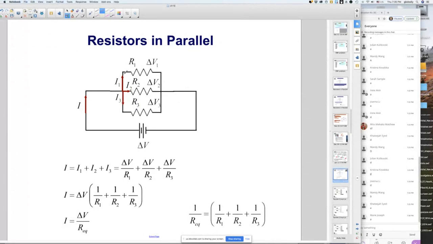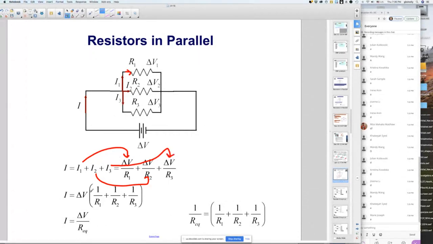So the current through this one is going to be delta V divided by R1. The current through this one, I2, right? So I1 is delta V over R1, I2 is delta V over R2, and I3 is delta V over R3. All right?